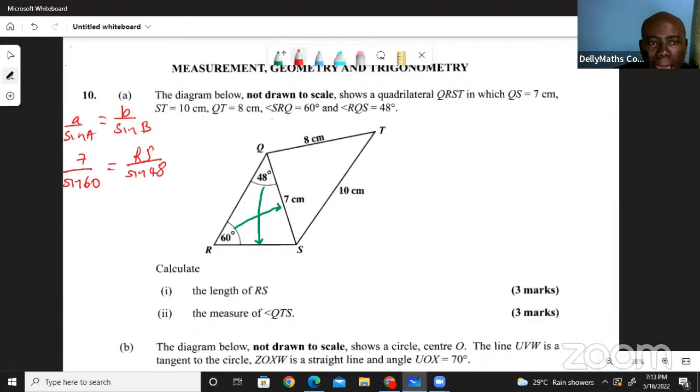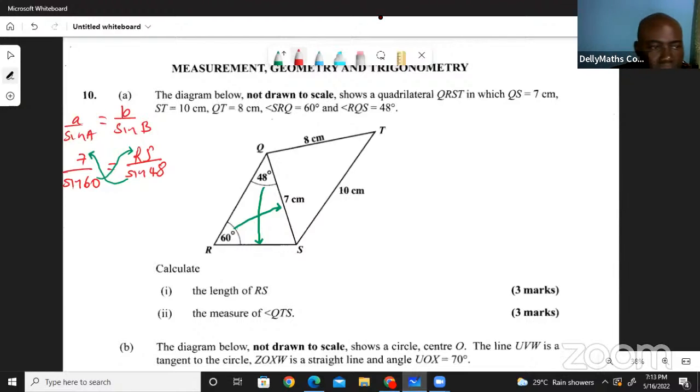Now, again, we can do our quick cross multiplication. RS times sine 60 is equal to sine 48 times 7. If you want to just multiply both sides by the sine 48, that's fine, but I'm trying to get people to develop a systematic way of working out.